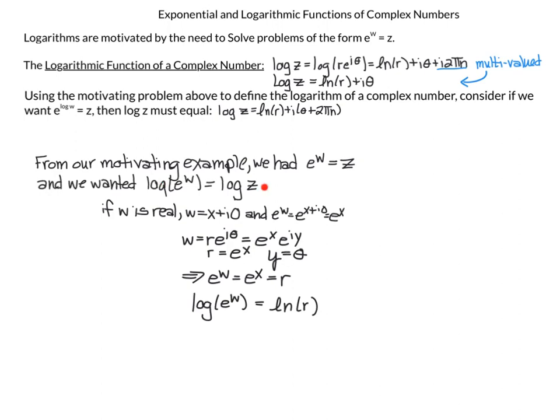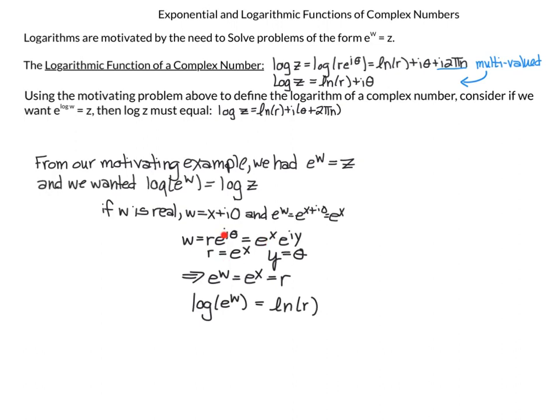So let's look at that again. If w is real, in other words x, if this is a real number now, if w is equal to x plus i0, then e to the w is equal to e to the x plus i0, which is just e to the x. Also, looking at w in exponential form, which is equal to r e to the i theta. If we compare that to e to the x e to the i y, as we did in the previous work, we said then that r must be equal to e to the x.